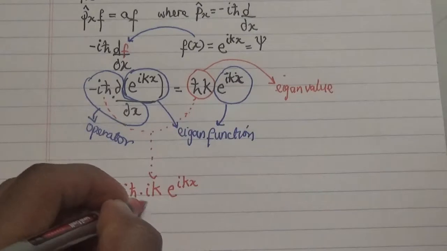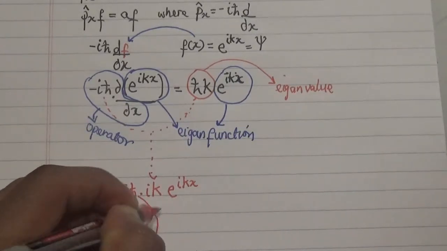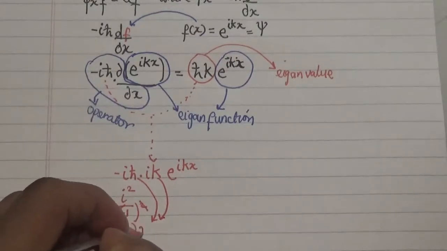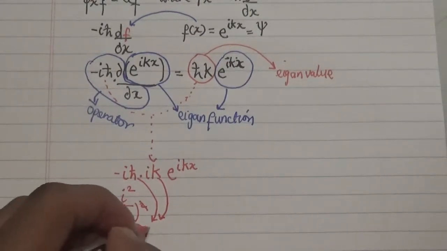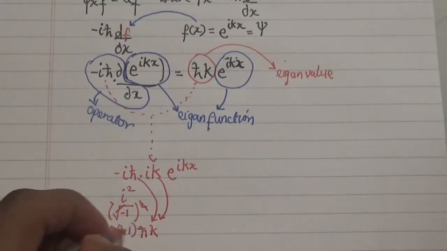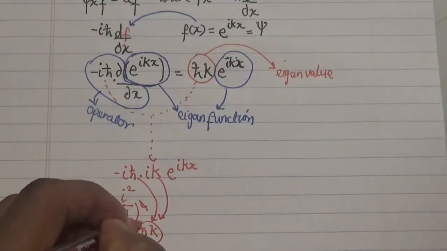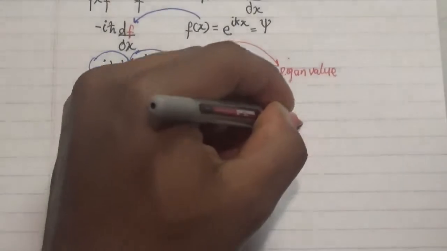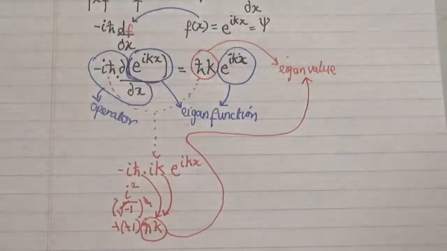Then our h bar and our k are brought back in here, and this is what we got as our constant, which is our eigenvalue.